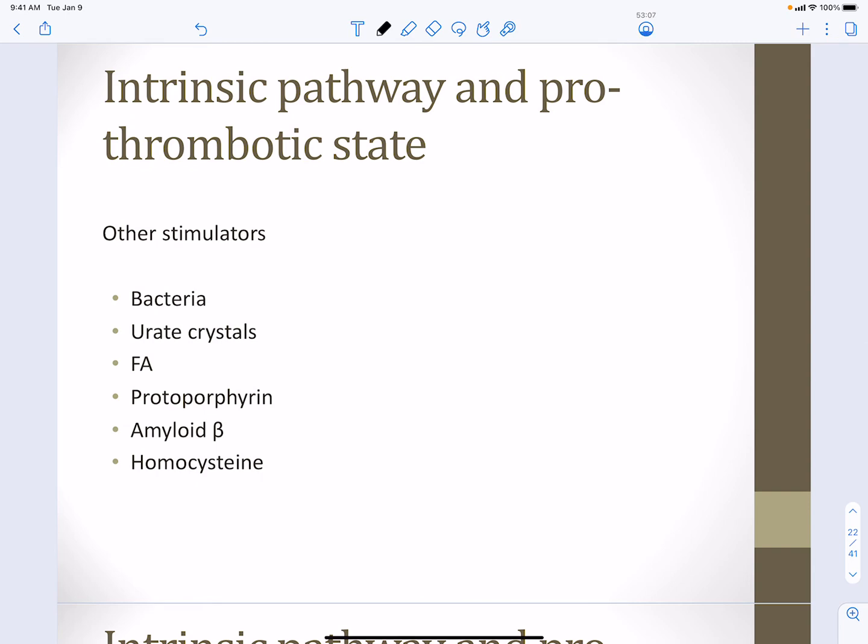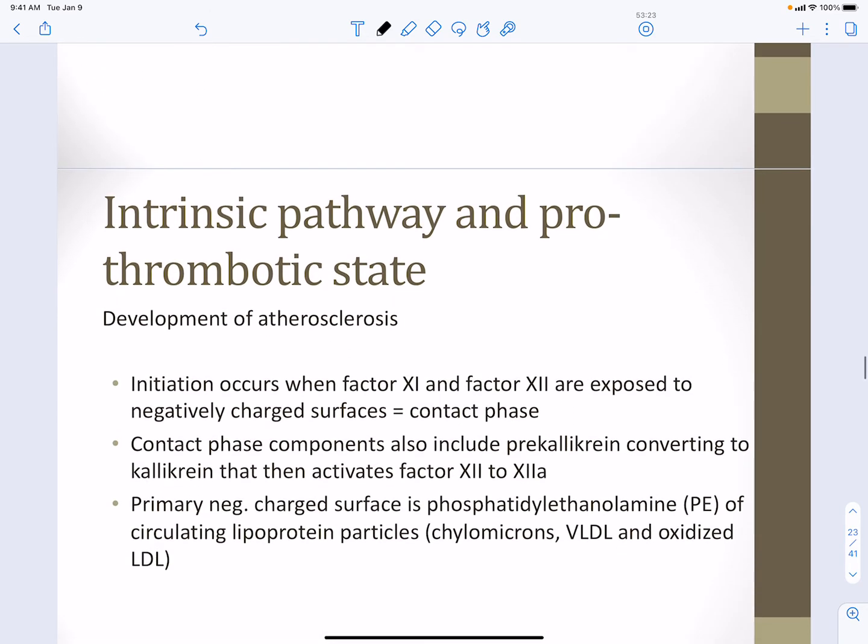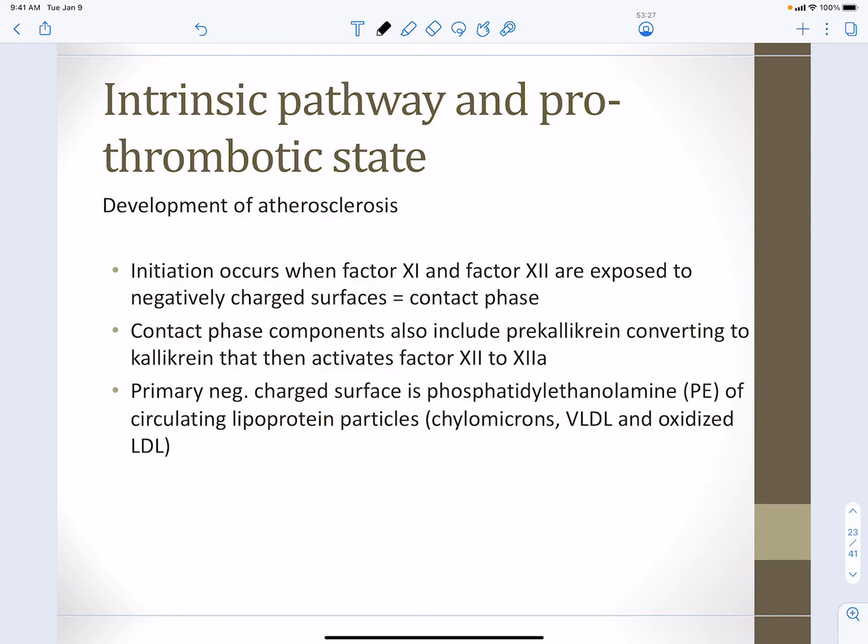Okay, so other stimulators that are going to cause this intrinsic pathway are listed here. You have urate crystals, you have your amyloid beta, homocysteine, and of course, some external damage by things like bacteria will also do this. Now, the development of atherosclerosis is very important. Remember, on the surface, you're going to have negative charges, and these are going to be mostly coming from phosphatidylethanolamine, and this can be on circulating lipoprotein particles as well.